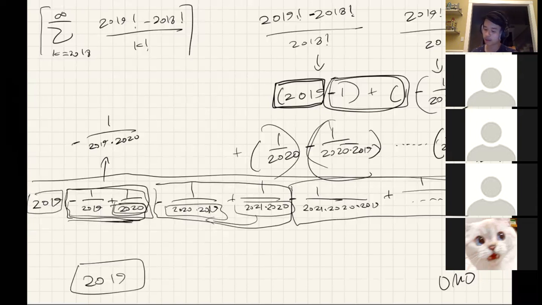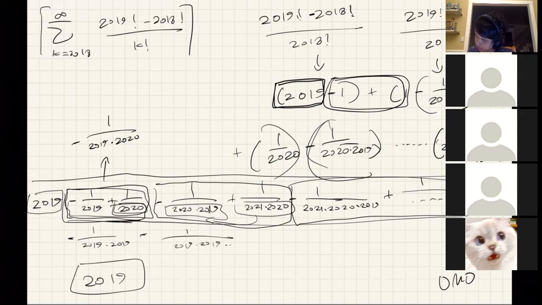If you wanted to be a little more rigorous, you could say that the absolute value of these subtracted terms is less than the sum of an infinite geometric sequence, something like this, which evaluates to something a little bit greater than -1. So the answer is going to be 2019.